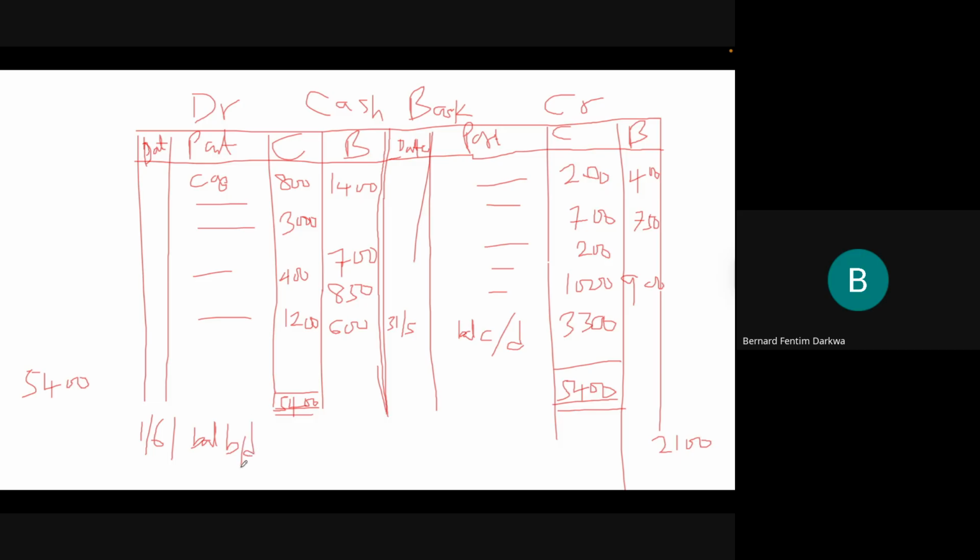And this balance B/D is under cash, how much? 3,300. This is one side. So you have finished with that of cash. You are now going back to do that of bank. So now you see how we have done it.